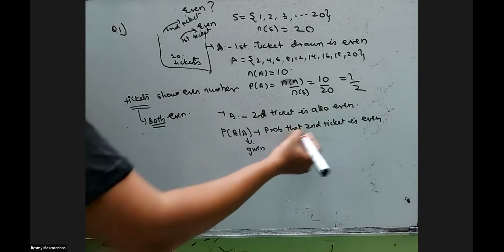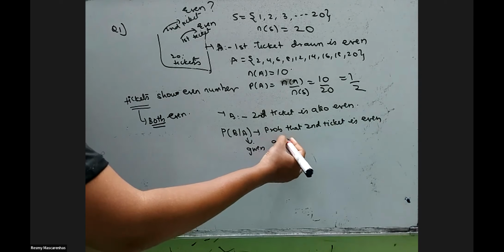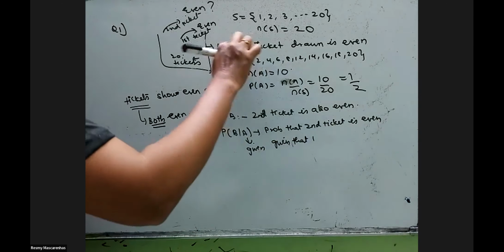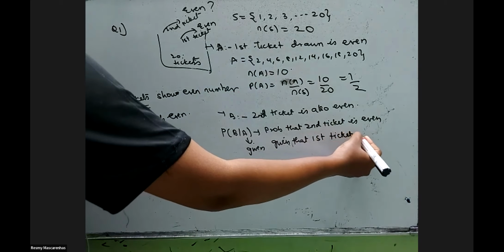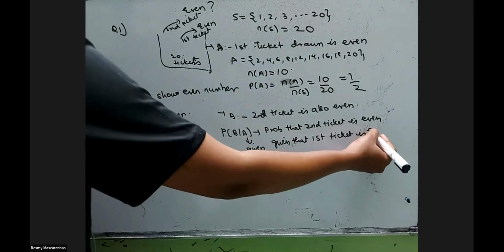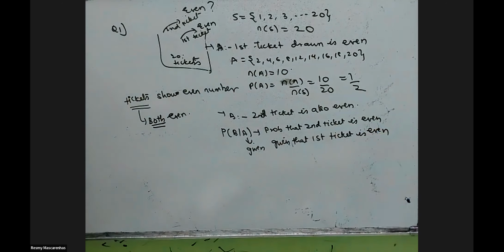Probability that second ticket is even, given that A, first ticket is also even. Then only both will become even, no? Only when the first one drawn was even, the second one you draw, then only this condition is satisfied that both tickets will become even.